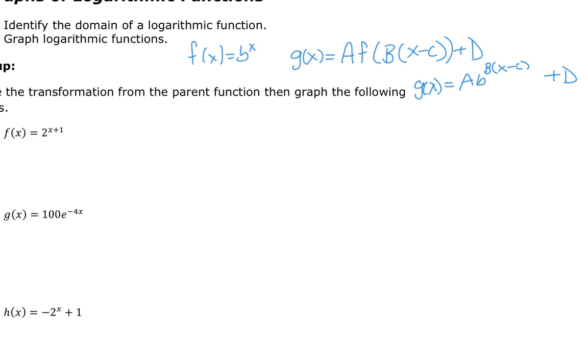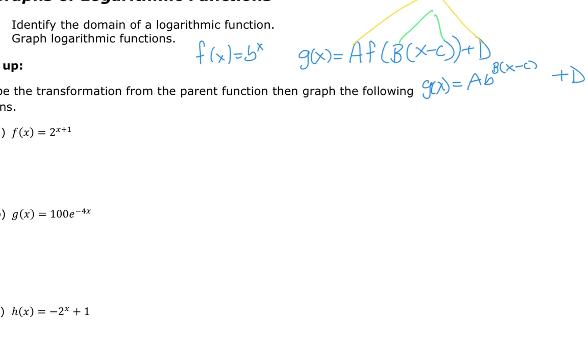Where we know from 1.5 that the b and the c are horizontal translations, and the a and the d are vertical translations.